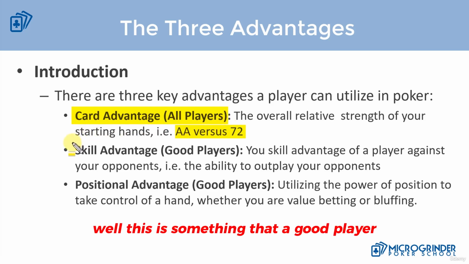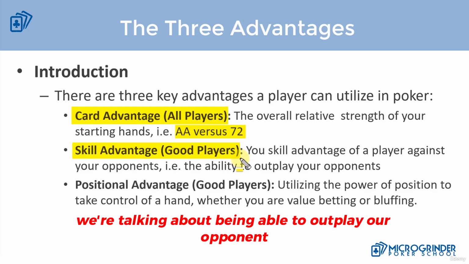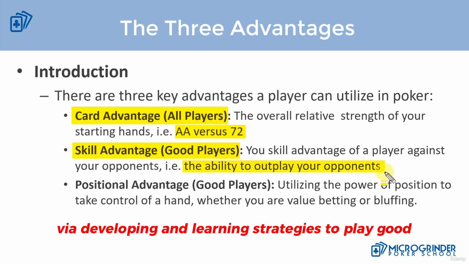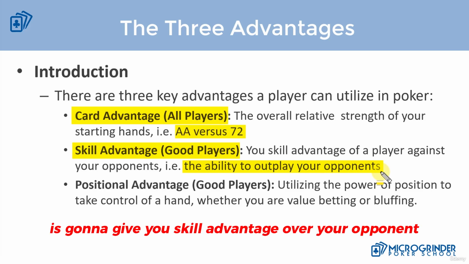Skill advantage, well, this is something that a good player is going to be able to utilize. And when we talk about skill advantage, we're talking about being able to outplay our opponent via developing and learning strategies to play well both pre-flop and post-flop. So essentially everything that you're going to learn in this course is going to give you skill advantage over your opponents.